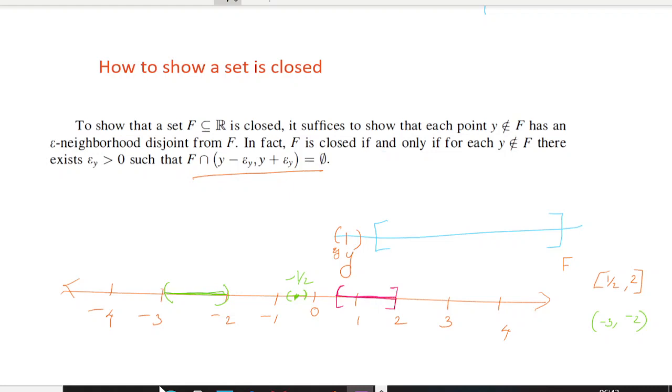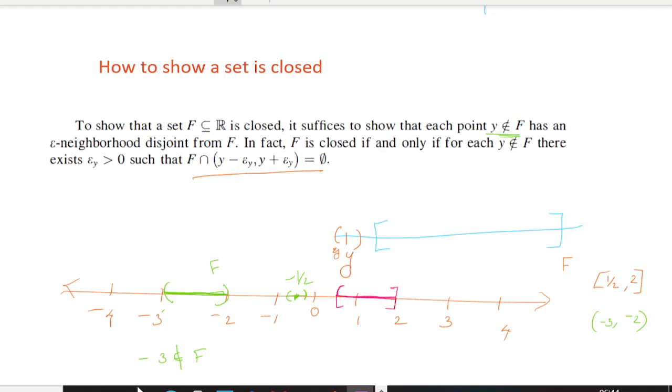Will it be open or closed? Suppose for every y not in F we want to check. In this case, this is my F. So minus 3 is not in F, minus 3 does not belong to F.